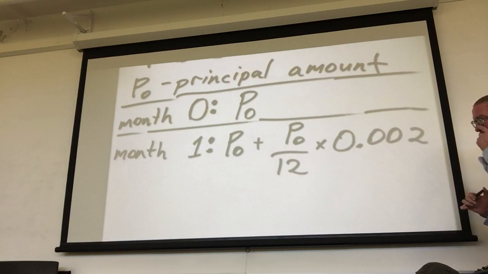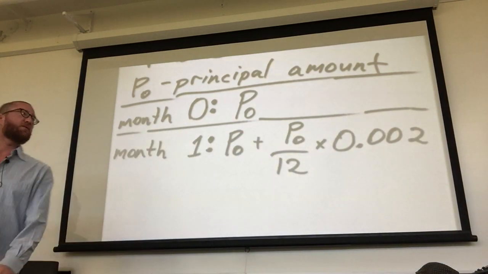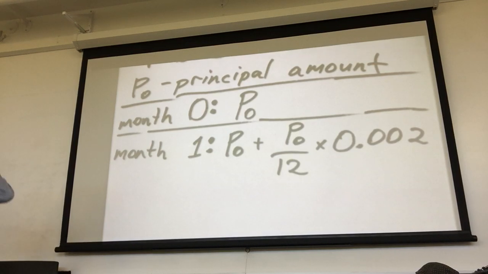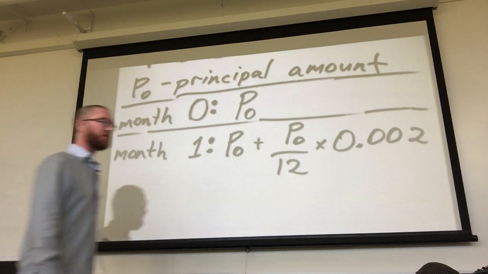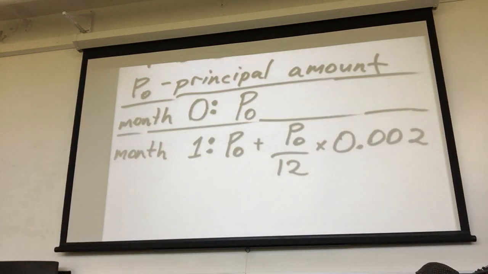Okay. Now let's think of a way that I could reword this. In this problem involving compounded bank interest, what you want to think on every time you do this problem is, what can I pull out of this? Well, what I can pull out of this thing is the principal, not the interest.